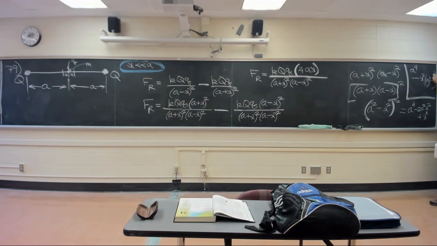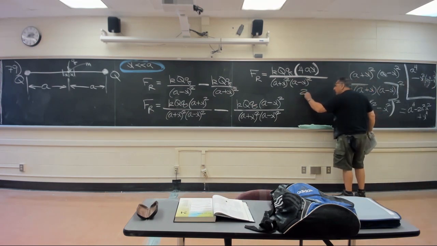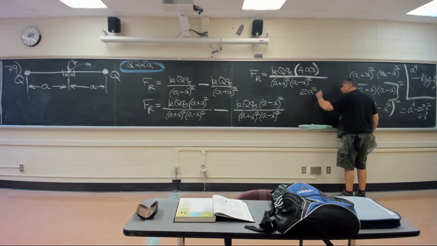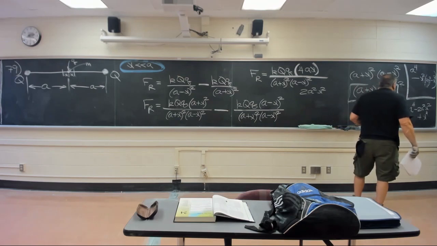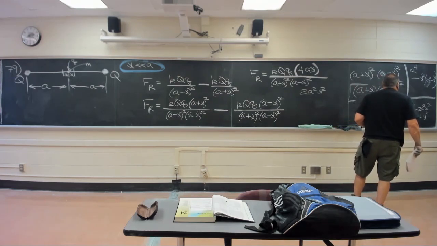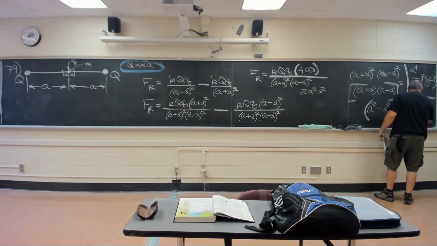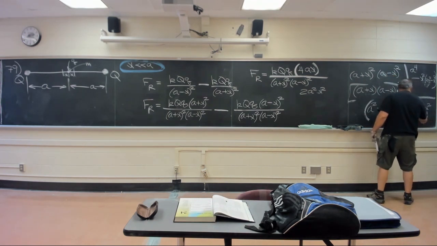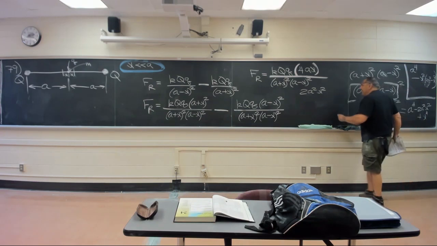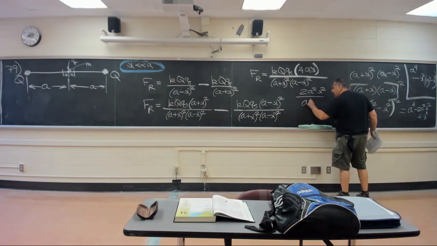Okay, well, if it's smaller than 2a squared, let's use 2a squared just to be safe. 2a squared x squared divided by a to the fourth. Let's see what kind of ratio you get. 2a squared x squared, and actually you're not even taking away that much because you're gaining some here with the x to the fourth, divided by a to the fourth.